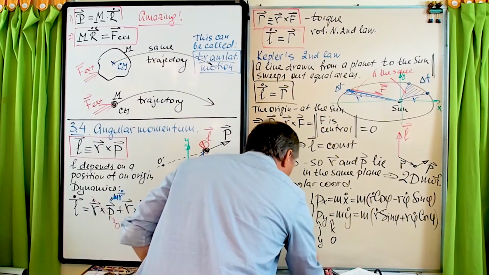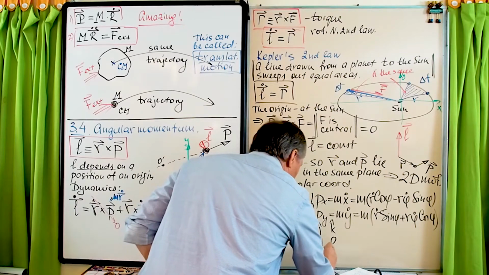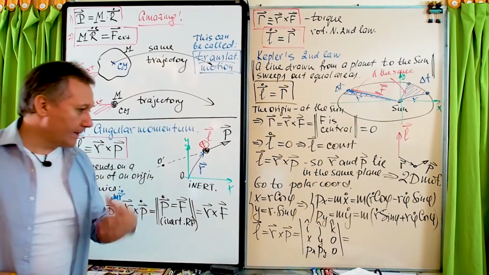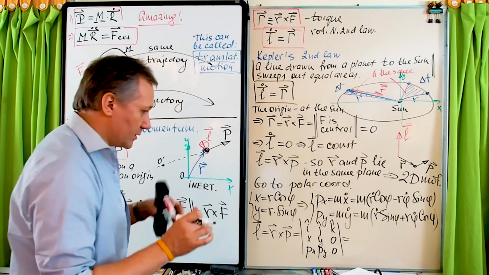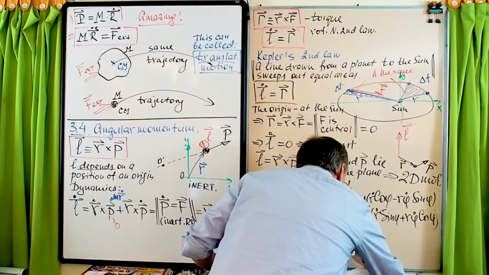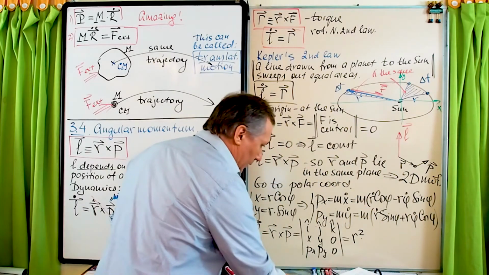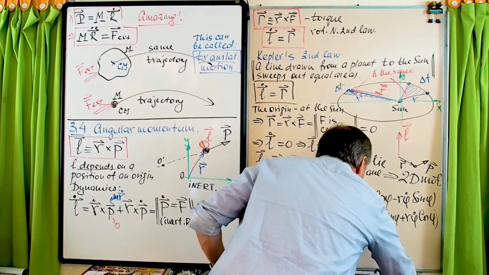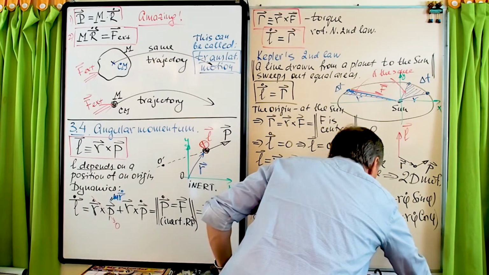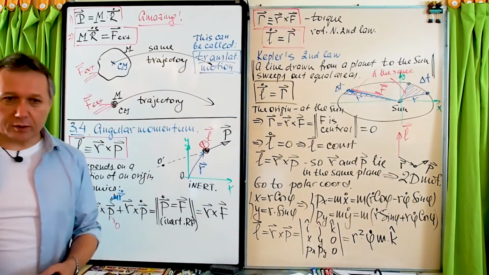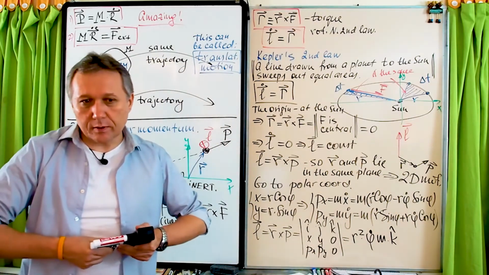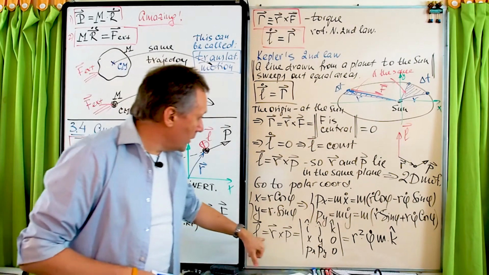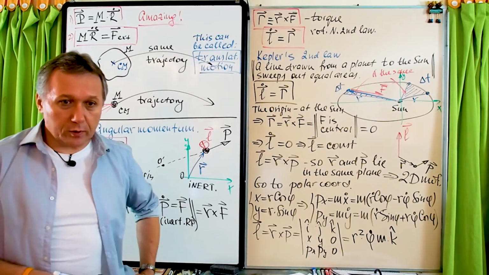And then of course p x, p y, and 0. If you open it up, and I'm not going to do it, with just simple massaging you will end up with r squared phi dot m in the k hat direction. Of course, angular momentum will be in the perpendicular direction, the z direction. Okay, so that's what we want.